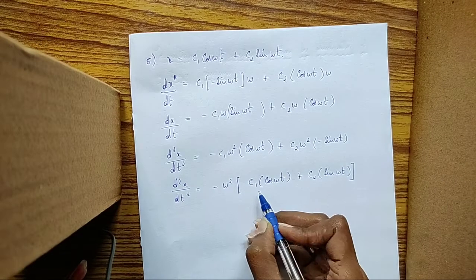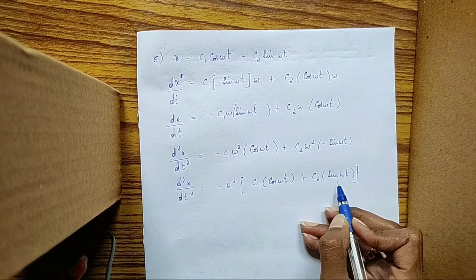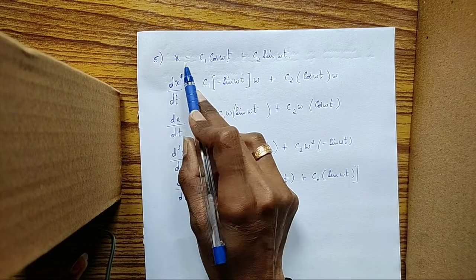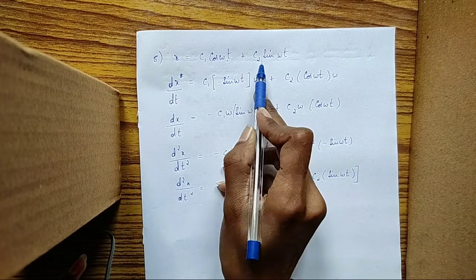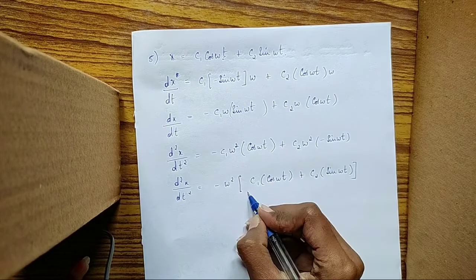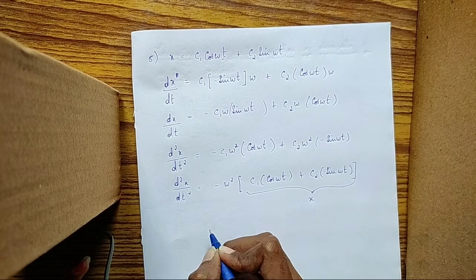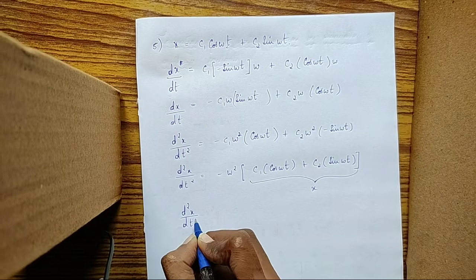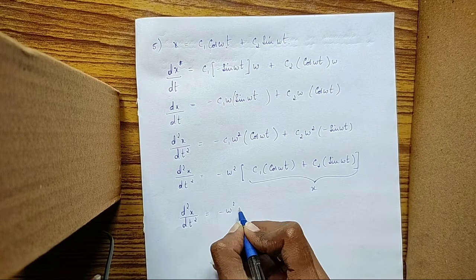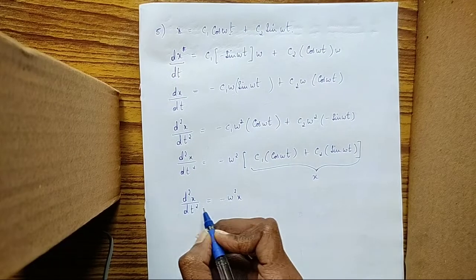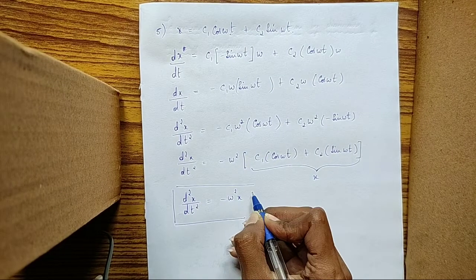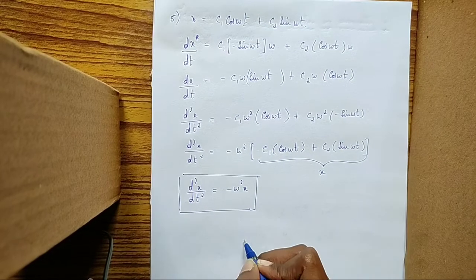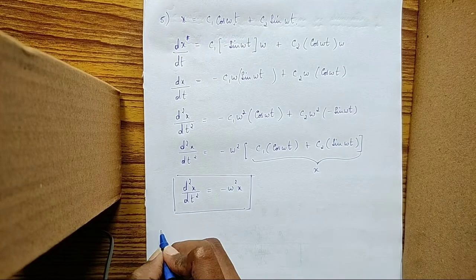As you can see, c1 cos omega t plus c2 sin omega t is nothing but x. So can I substitute this as x? Yes. So d²x/dt² is equal to minus omega squared x, which is our required differential equation. Let's get into our next question.